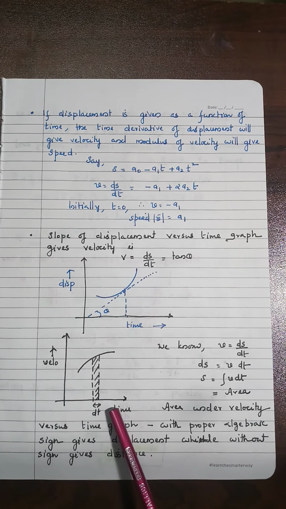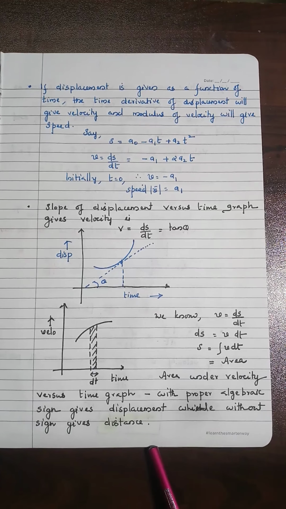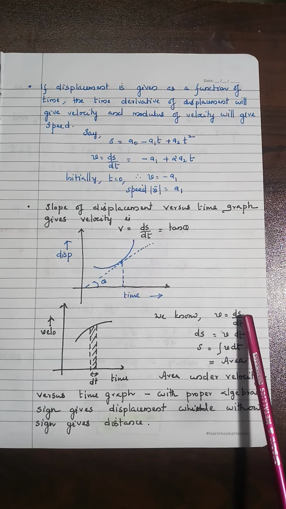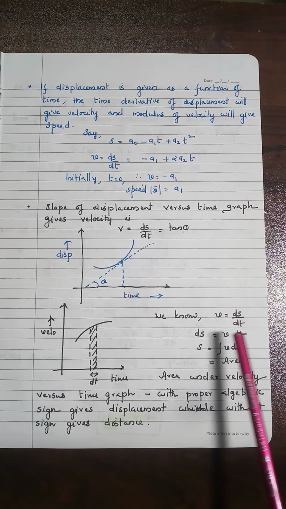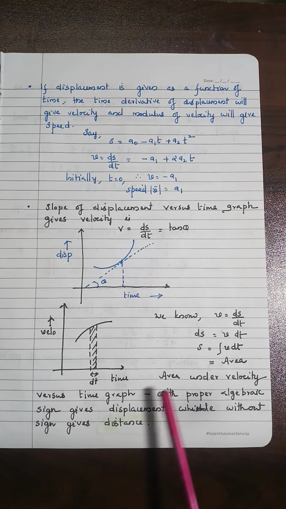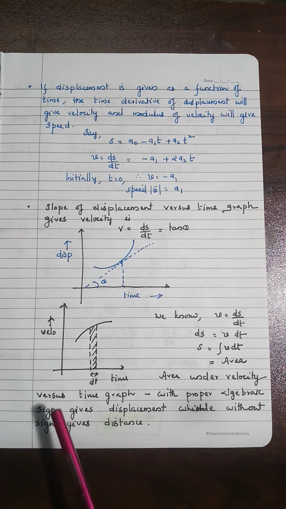If we are with the velocity time curve, the velocity is nothing but the displacement by time, then ds can be written as v into dt, then s takes the form integral v dt.